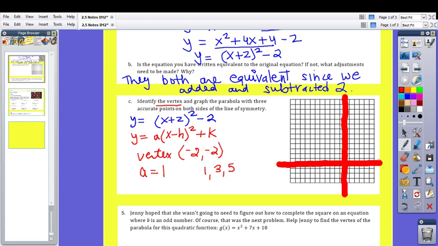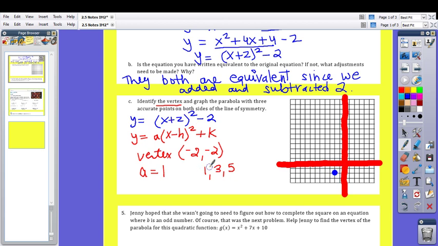You can see we are going 2 to the left and 2 down, so that will make our vertex (-2, -2). So 1, 2, and then 1, 2. So this is our vertex.